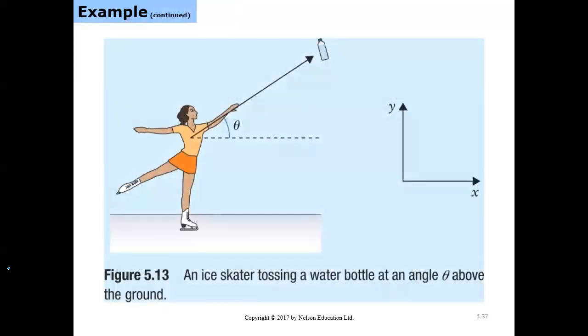So let me go to the question. So there is a figure. This time she's not throwing it up or throwing it horizontal. She's throwing it at an angle. So we have the velocity in both the x direction as well as the y direction. In the y direction, it is not going to be conserved anyway. It will be only conserved in the x direction.